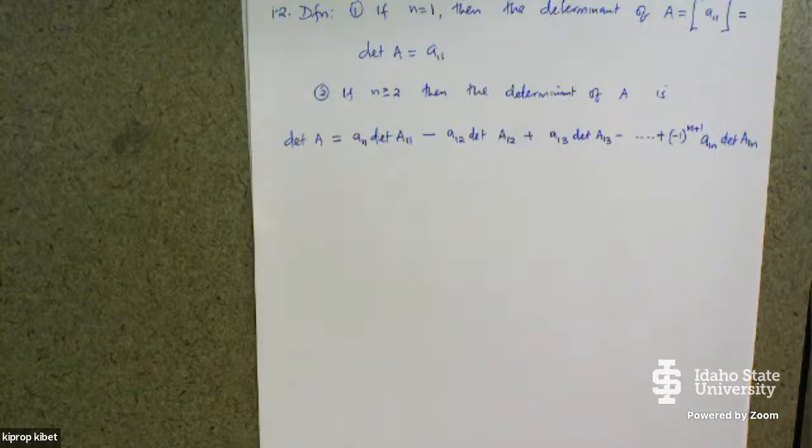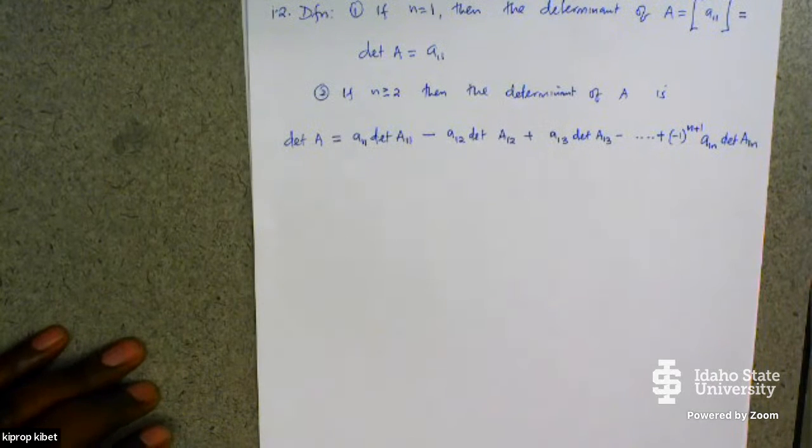So if the index sum is 2, then negative 1 raised to 2 is positive. If it is 3, negative 1 raised to 3 is negative. So it alternates positive, negative, like that.